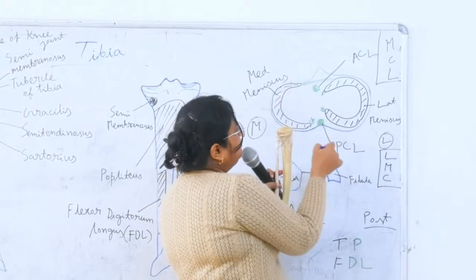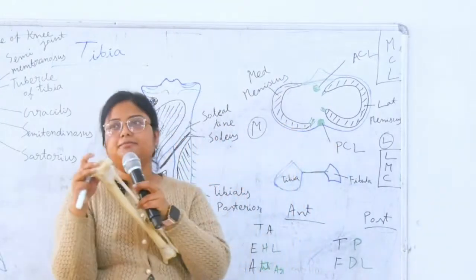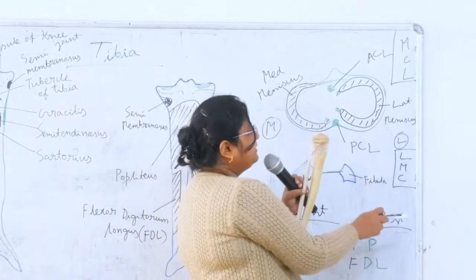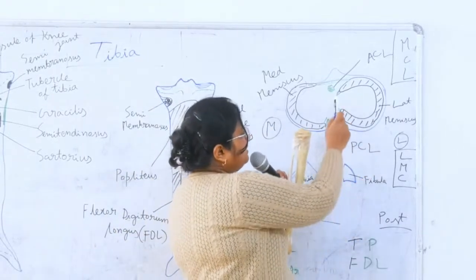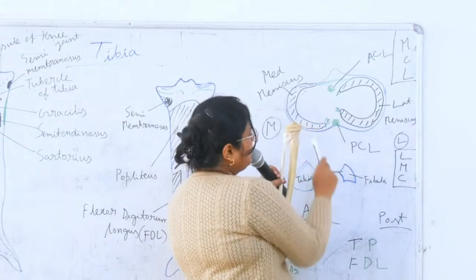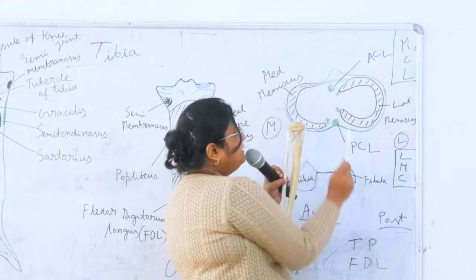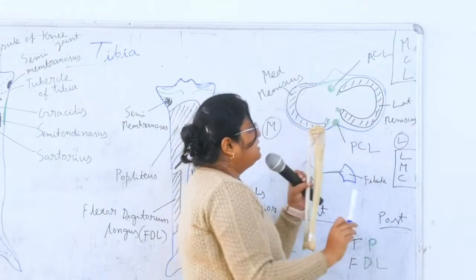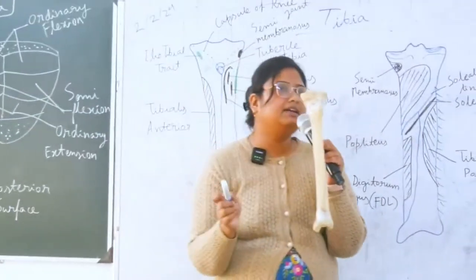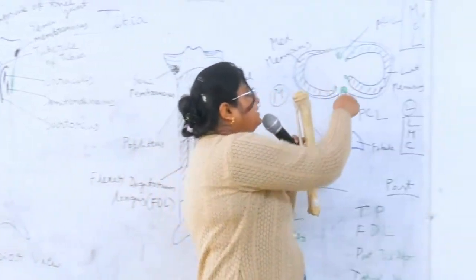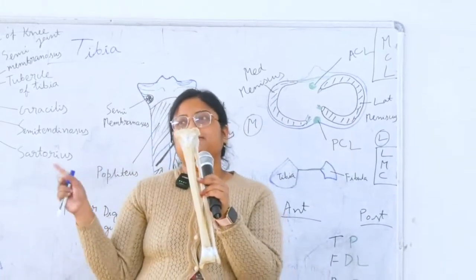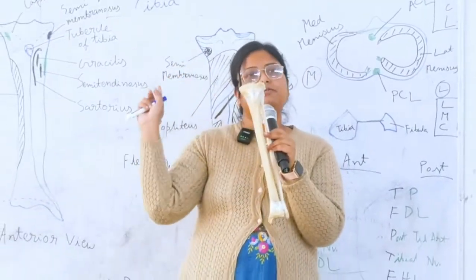And in the posterior part of the intercondylar area, you can remember like this: Lucknow Medical College, LMC. There is the posterior end of the lateral meniscus, then the posterior end of the medial meniscus, then the posterior cruciate ligament. These cruciate ligaments are named according to their attachment over the tibia, not according to their attachment in the femur. The other end is attached to the femur.